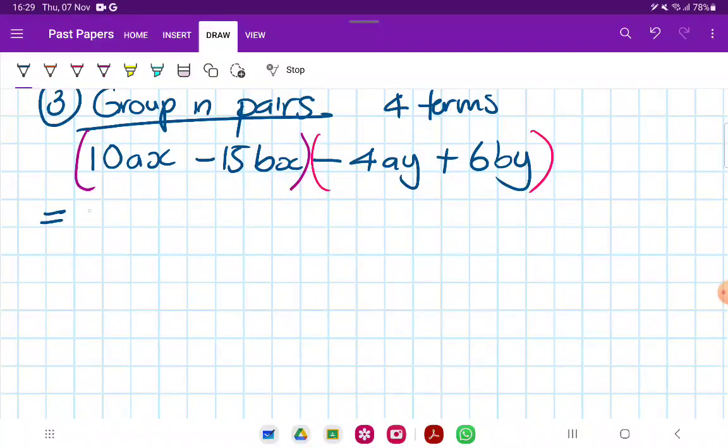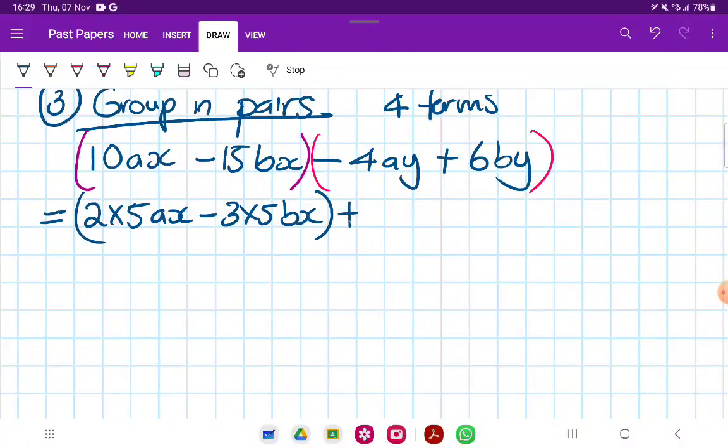If I break this down, I get 2 times 5ax minus 3 times 5bx in my first bracket, and I add it. Now see, the bracket that I put here is actually going to put that minus there. It's actually adding 2 brackets. It's not multiplying them. So this plus must exist.